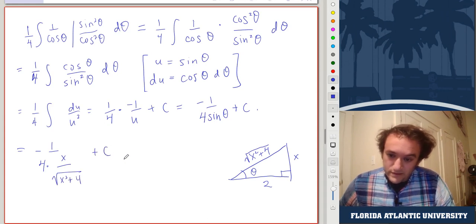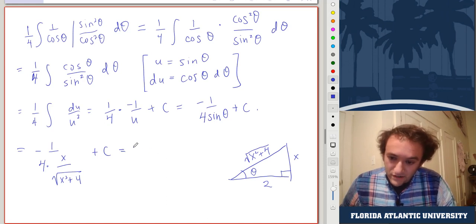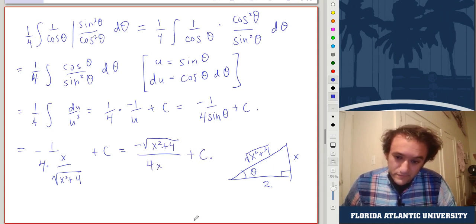And we've got to remember the c. If we flip the fraction here, we get minus the square root of x squared plus 4 divided by 4x plus c. And that should be our integral.